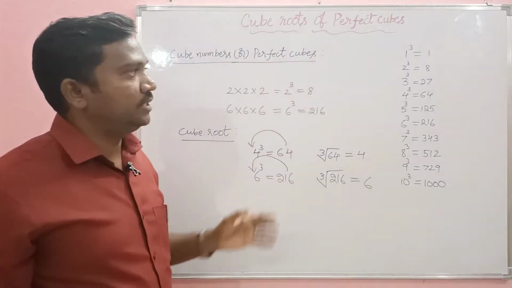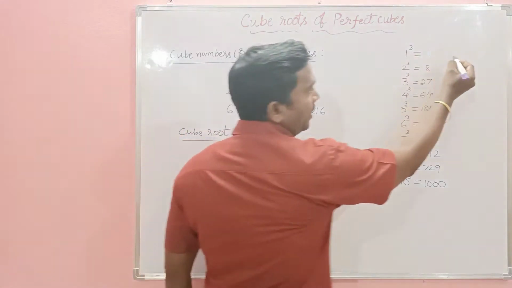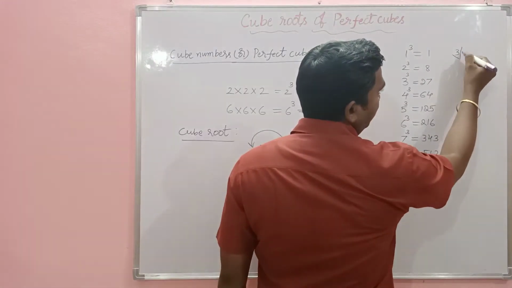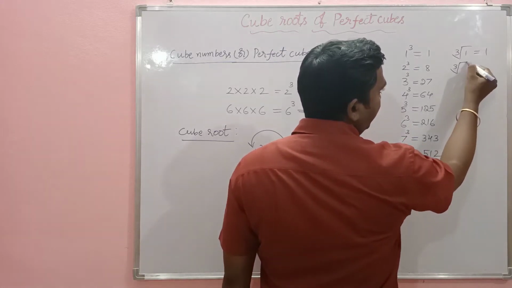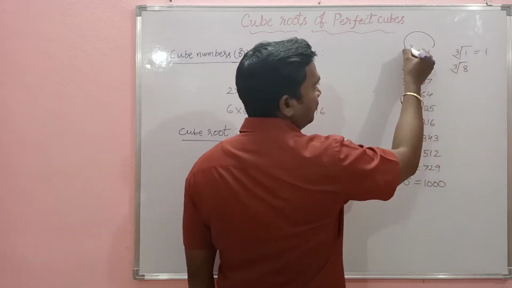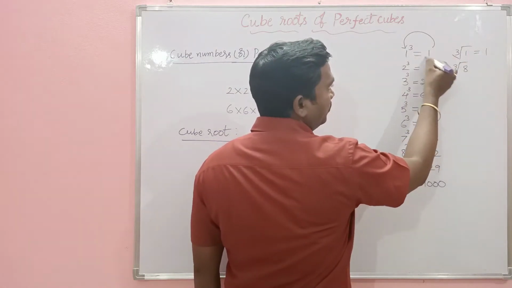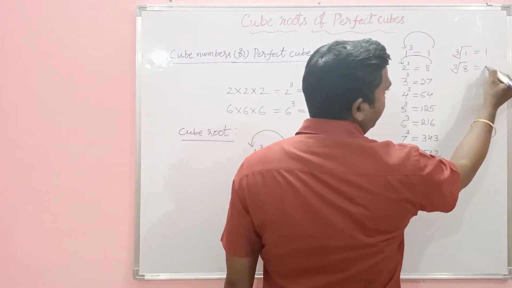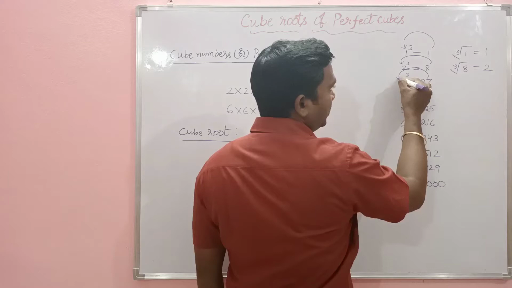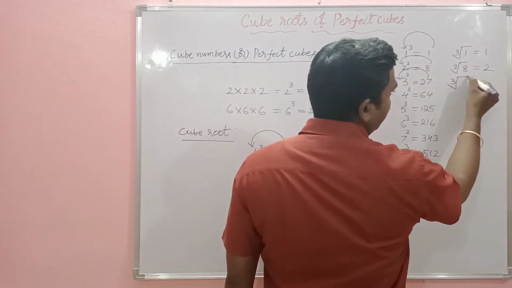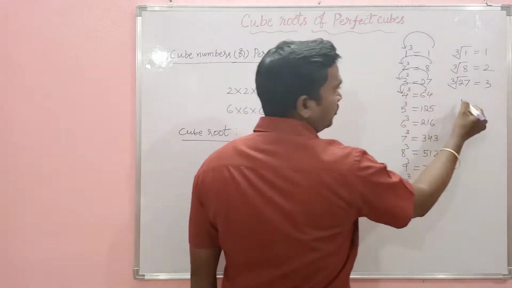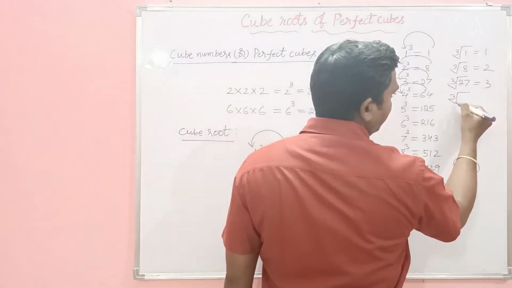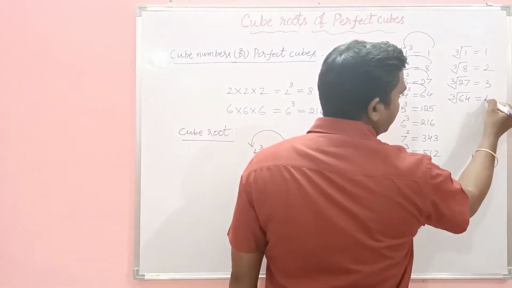Now, let us see cube roots of some numbers. Cube root of 1 is 1. Cube root of 8 is 2. Cube root of 27 is 3. Similarly, cube root of 64 is 4.